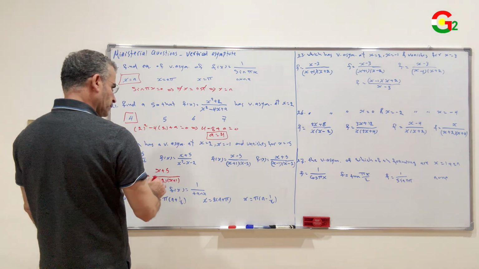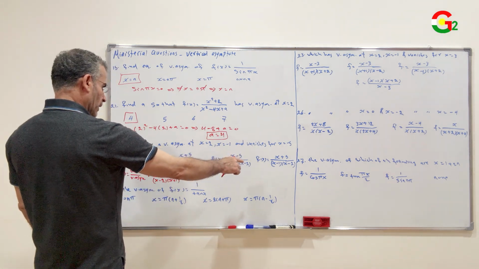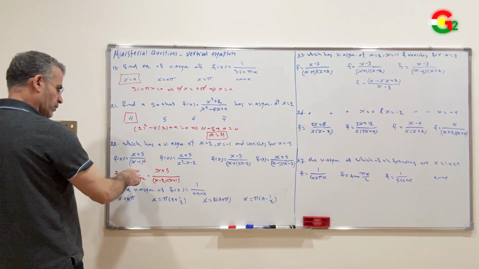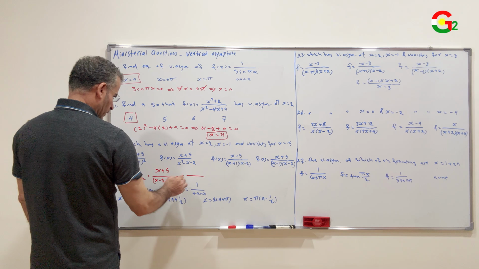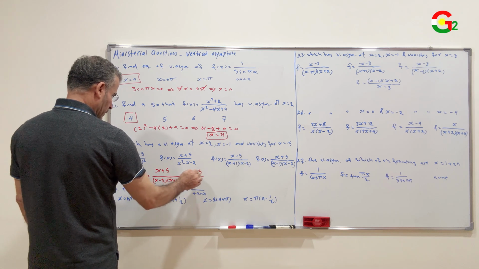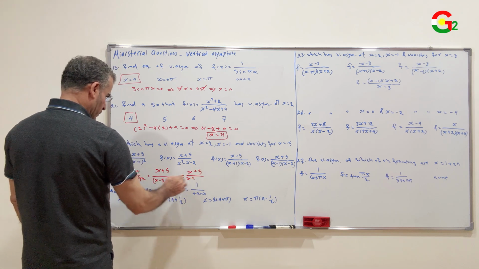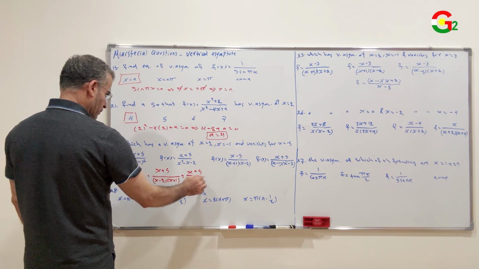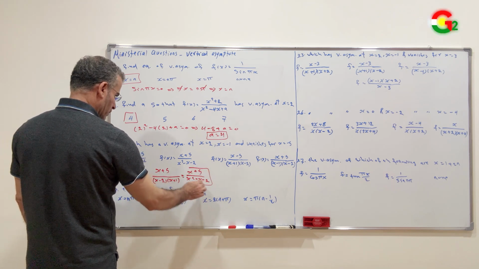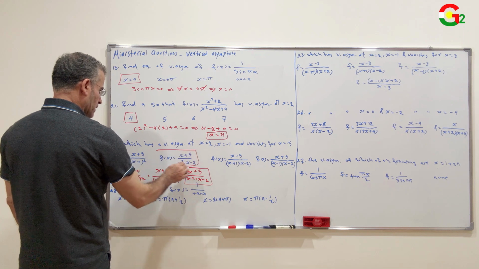Then the right choice is, let me multiply these two brackets, x power 2 minus 2x plus x minus 2. The right choice is B.